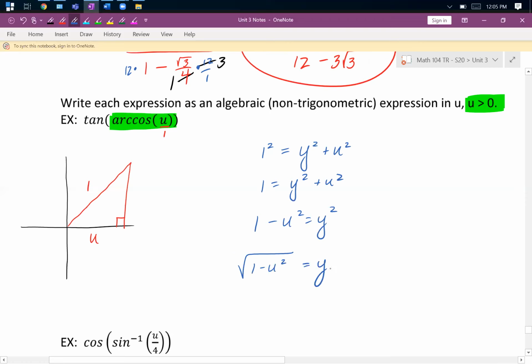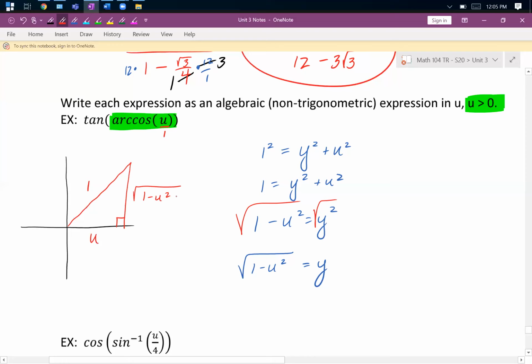And we get y to be equal to the square root of 1 minus U squared. Now I did use the square root property here, so technically we get the plus or minus, but since we're in the first quadrant, we know it has to be the plus. So this is the square root of 1 minus U squared.